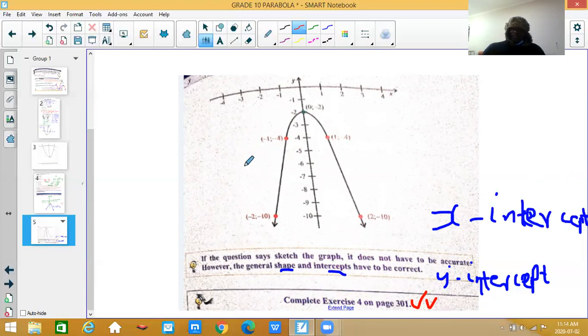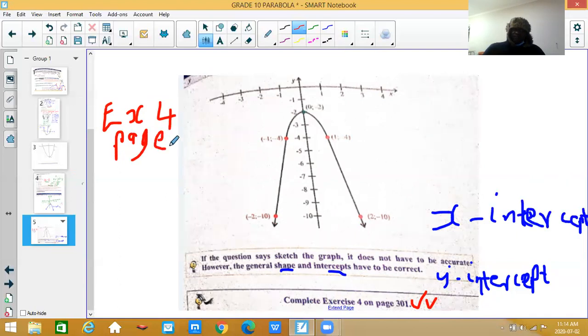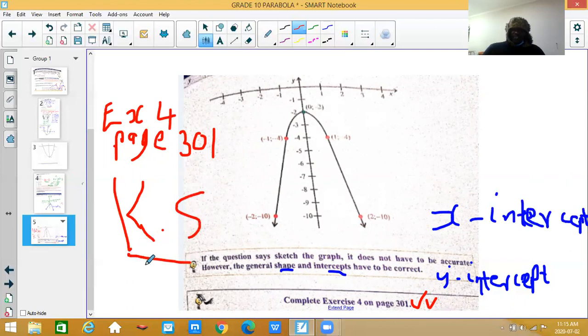During the second period, if you've got a question, then the exercise is exercise 4 on page 301. Kevin Smith. Kevin, this is in the Kevin Smith textbook, right?